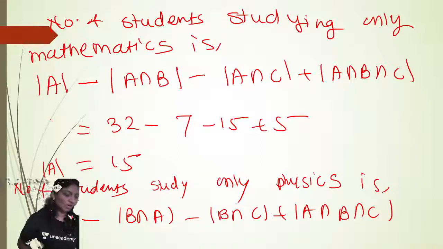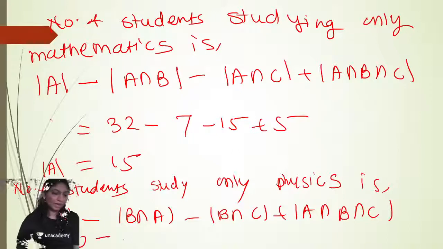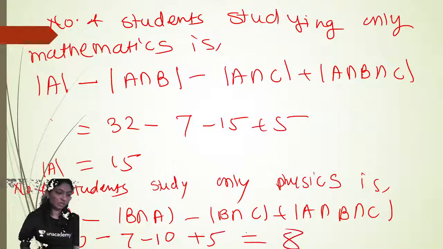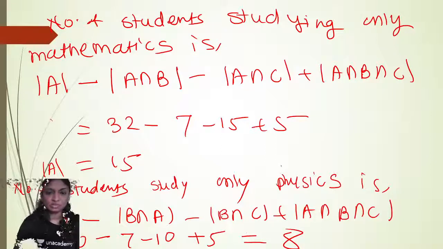So cardinality of B is given as 20, minus 7, minus 10, plus 5, which is equal to 8. There are 8 students who study exactly physics, right?